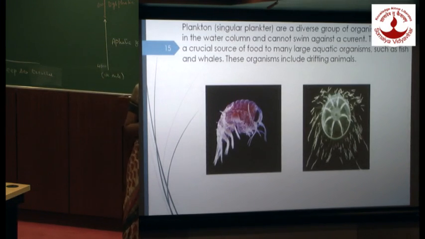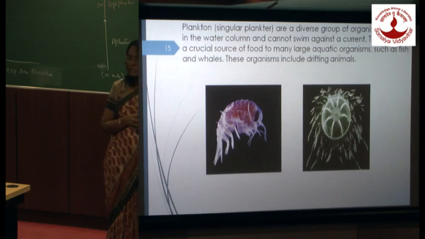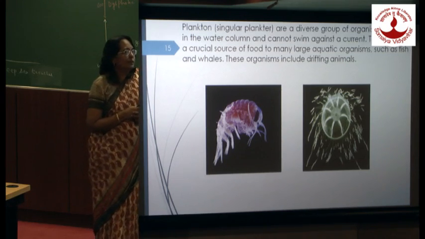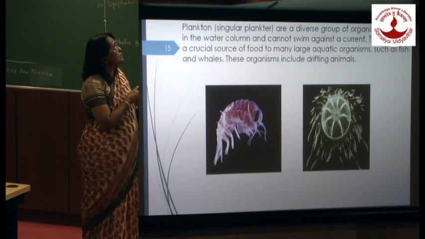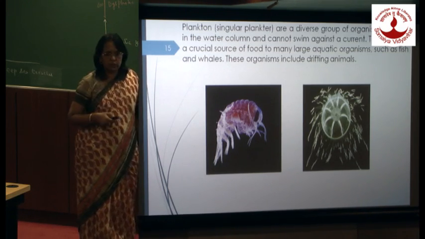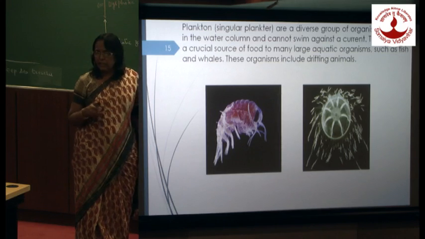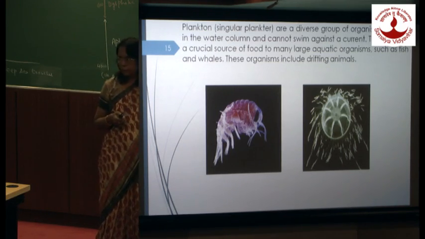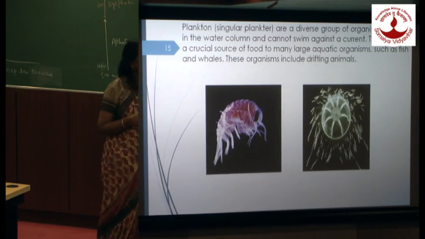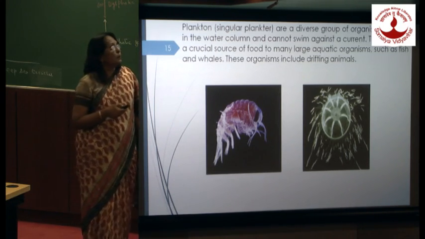Basically, if we talk about animals, the two basic division is one set of animal we call as plankton, alright, and second set of animals we call as nectons. Now what is the difference between the two? What are planktons?